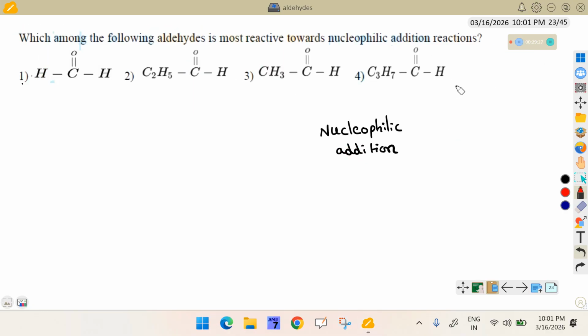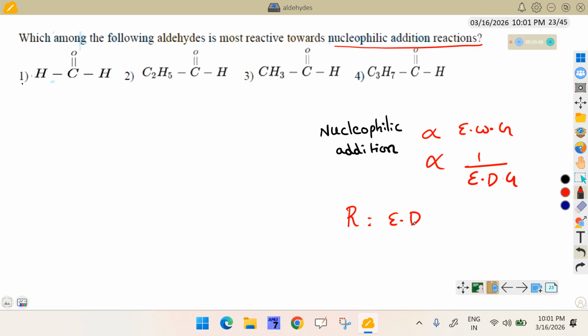See the next question. Which among the following aldehydes is most reactive towards nucleophilic addition reaction? Nucleophilic addition reactivity is directly proportional to electron withdrawing groups and inversely proportional to electron donating groups. Remember, here alkyl groups act as electron donating groups. Consider aldehydes and ketones.